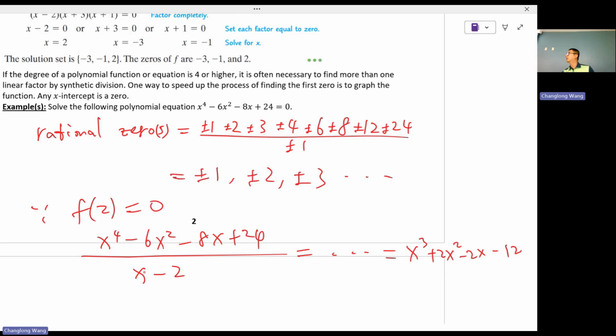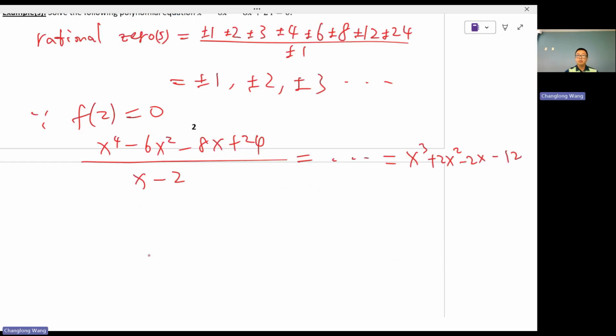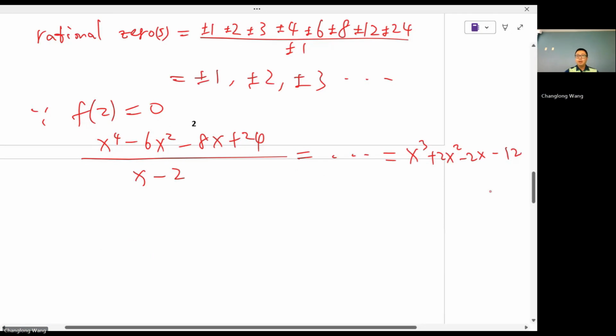You guys follow? Now, what else should I do? I mean, that's still cubic, right? That's not too easy to factor at this moment. But you see what has happened, right? By guessing one 0, you're able to downgrade a degree 4 to a degree 3.